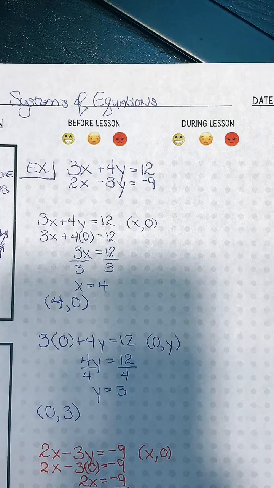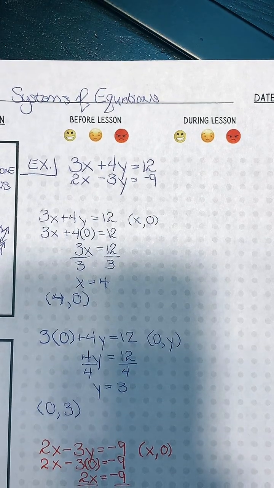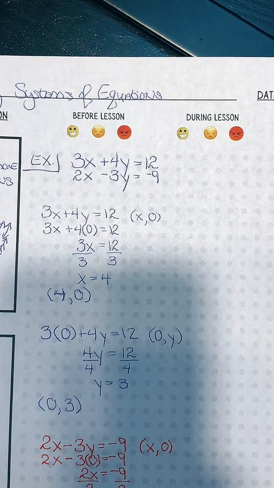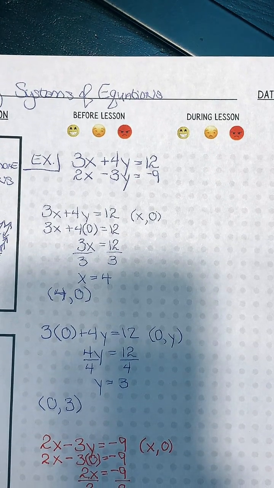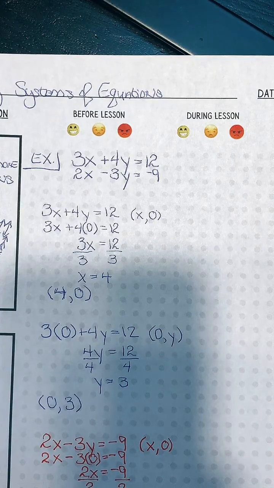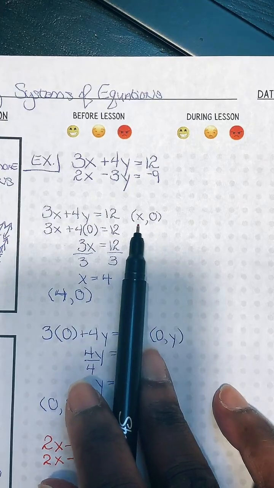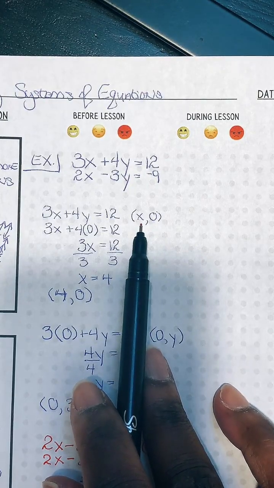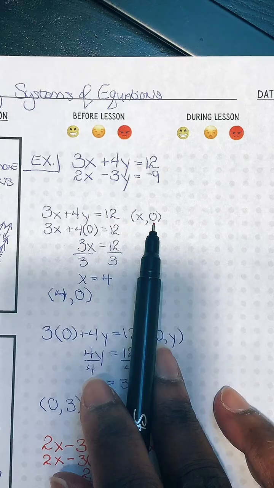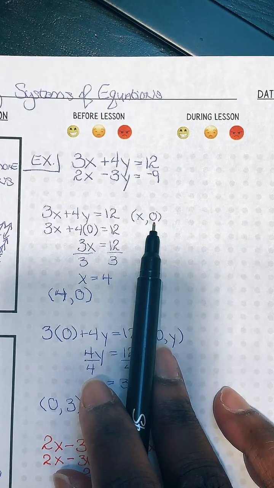Okay, makes sense? Why don't you put 0, not 1? I think she's asking, why do you put zeros, not ones? Oh, because we're using the x-intercepts. For the x-intercept, your y value is going to be 0, not 1, because this is where it crosses the x-axis.